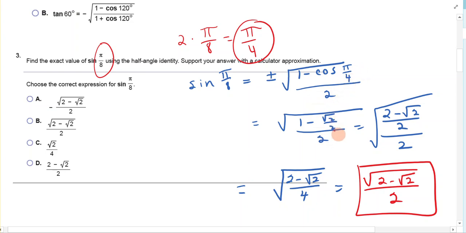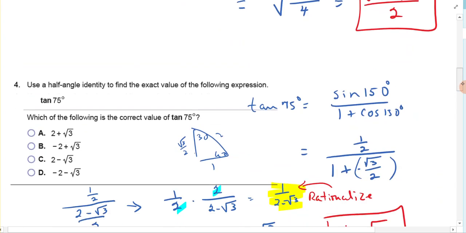That's square root of 2 over 2. We make that one fraction. 1 becomes 2 over 2. And then when you have divided by 2 and then a divided by 2, you're actually dividing by 4. So square root of 2 minus the square root of 2, it's all under the radical. Let me say it again. Square root of 2 minus the square root of 2 all over 2. So lots of radicals, lots of 2's on that one.